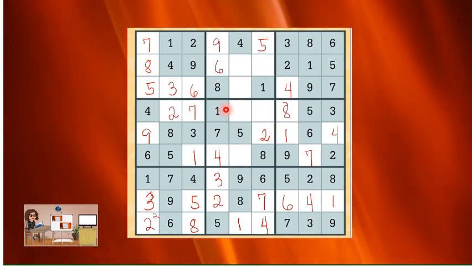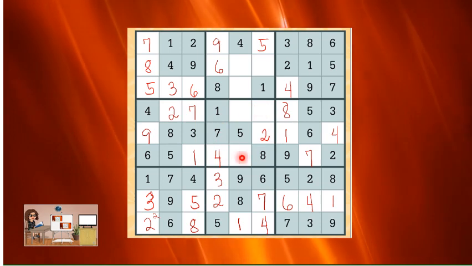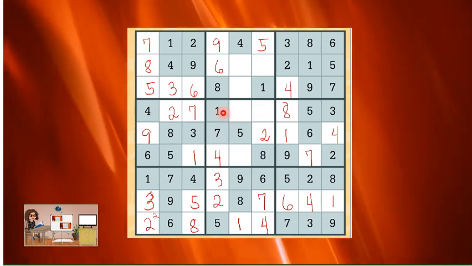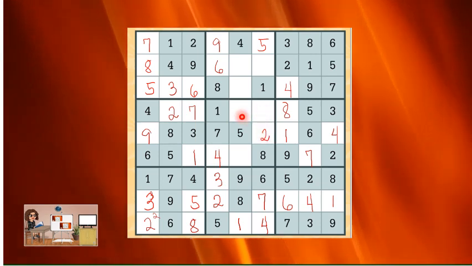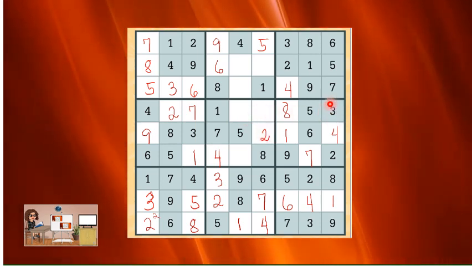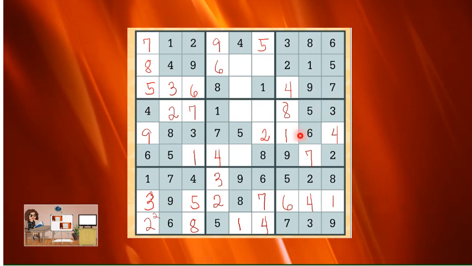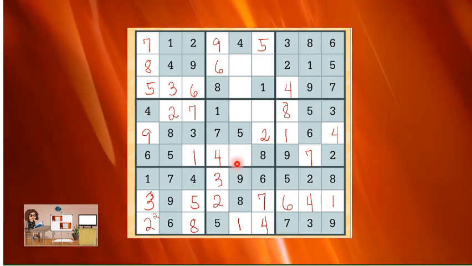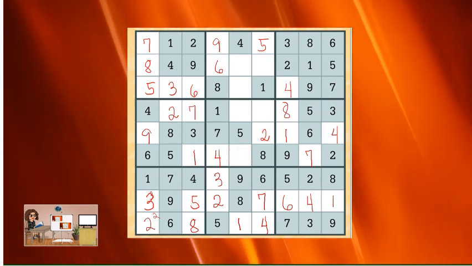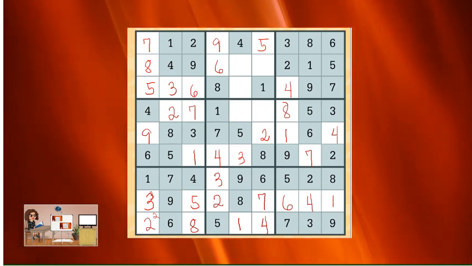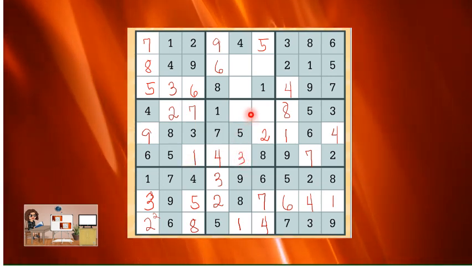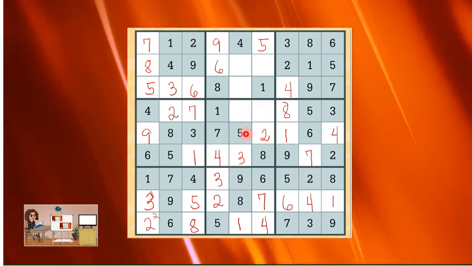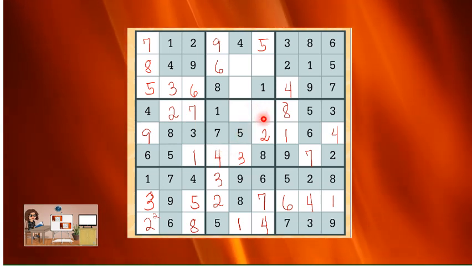Next, on this block, we have the numbers 1, 2, 3 is missing, but we cannot write 3 here because there's already 3 on this row. So the only cell to put 3 is here. 3, 4, 5, 6 is missing.